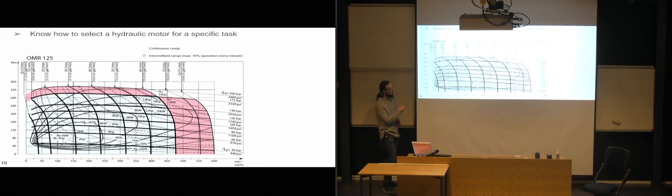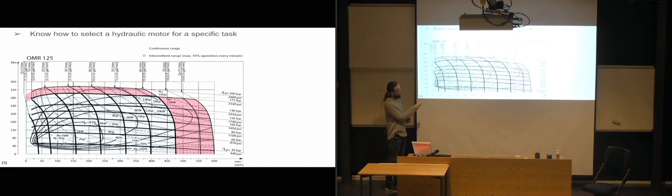But we could also use, if we know the particular motor that we're going to use, like this one, an OMR 125 from Danfoss, a graphic like this to figure it out, where we have areas that give us the efficiency, so 83%, 80%, 75%, 70, and 60 on this one. So we can look at what efficiency we're going to have from it.